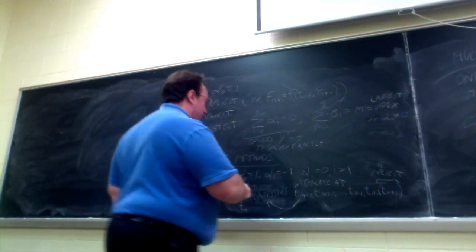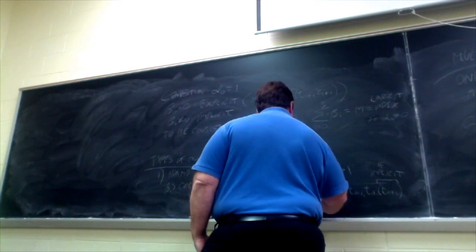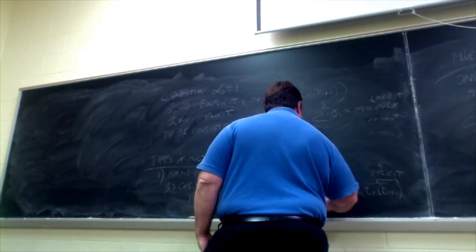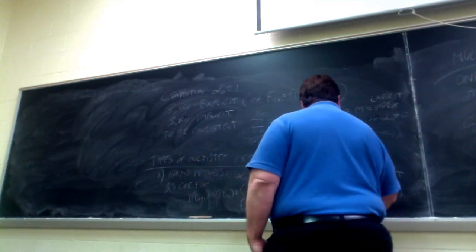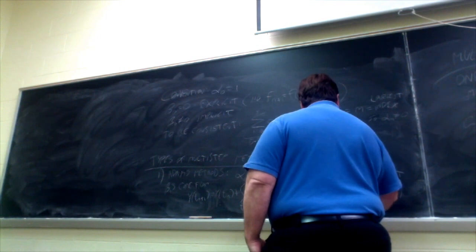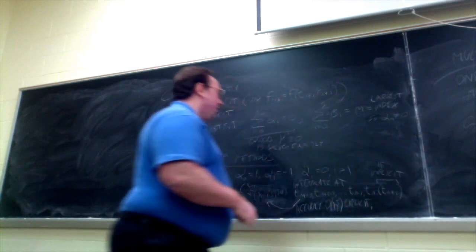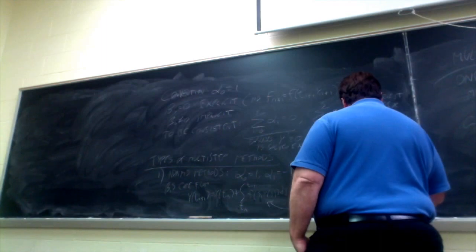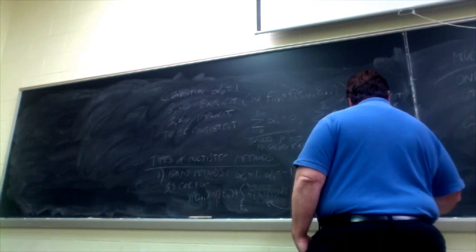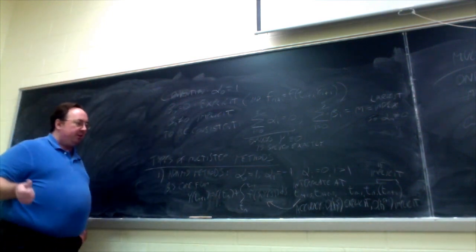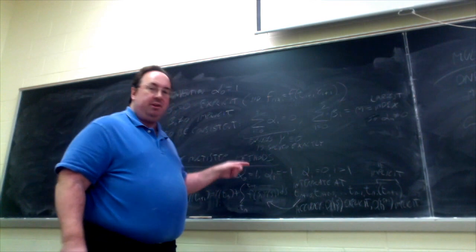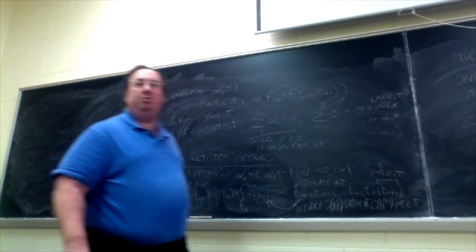The accuracy for an s-step method is order h to the s if the method is explicit, and if it's implicit, it is order of accuracy s plus 1, which makes perfect sense, because if it is implicit, we're including another interpolation point.